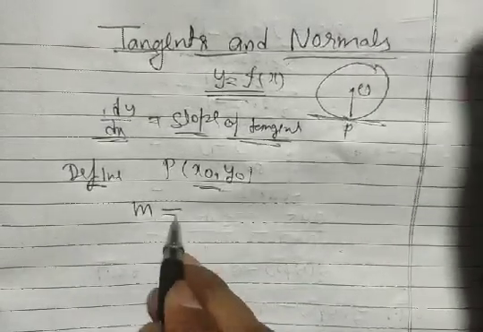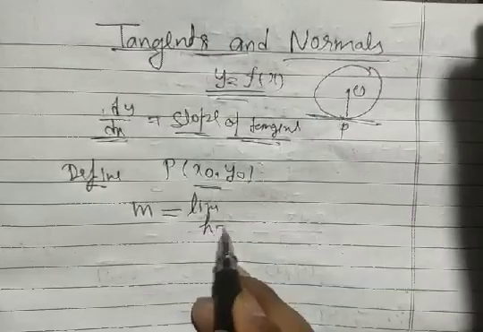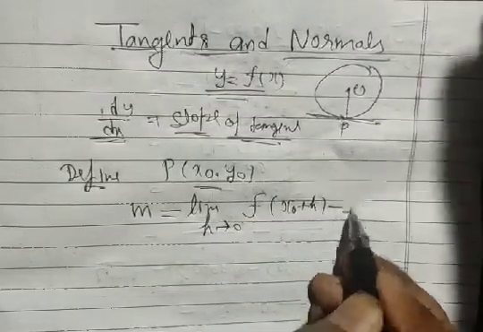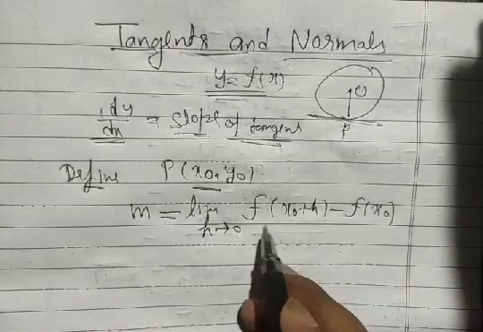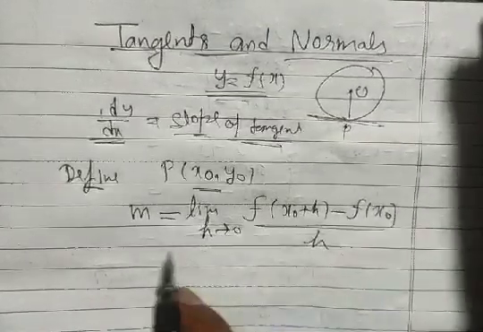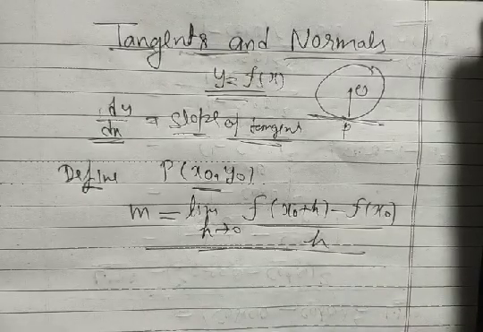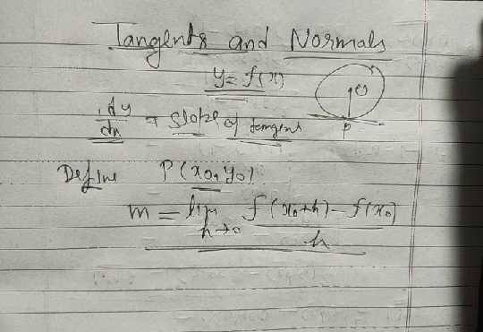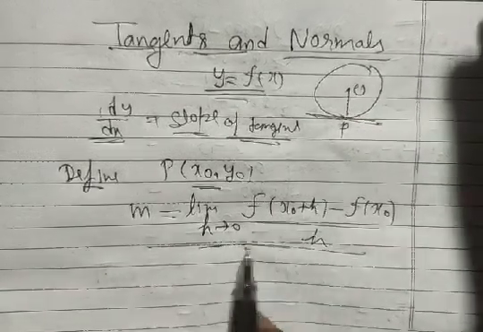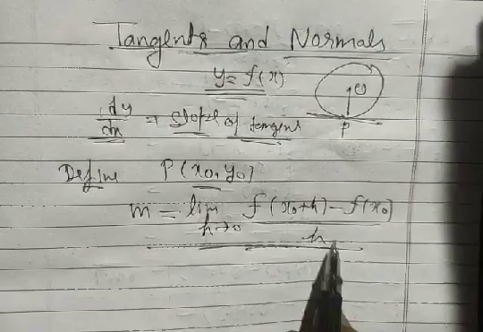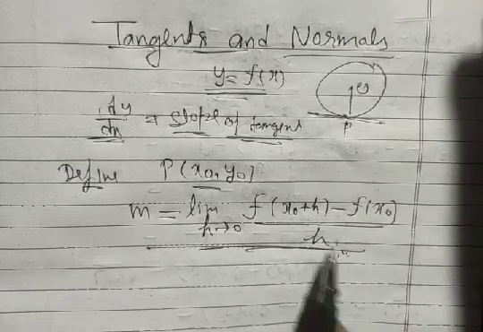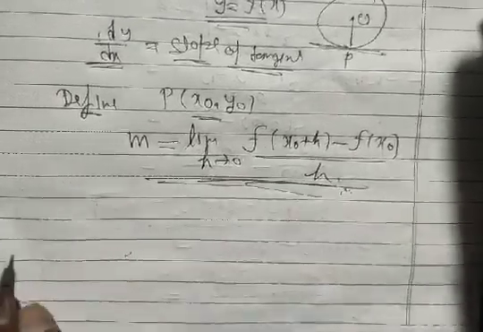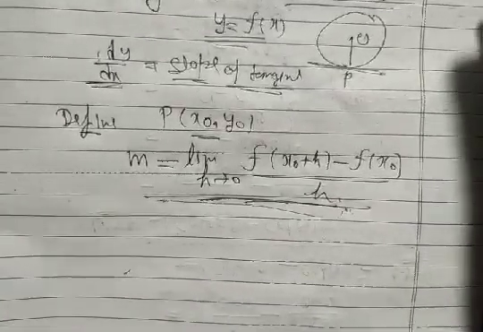The slope is the limit as h tends to 0 of f(x0 plus h) minus f(x0), divided by h. Note that this is the definition provided that this limit exists. This is our basic concept for defining the tangent for any curve.